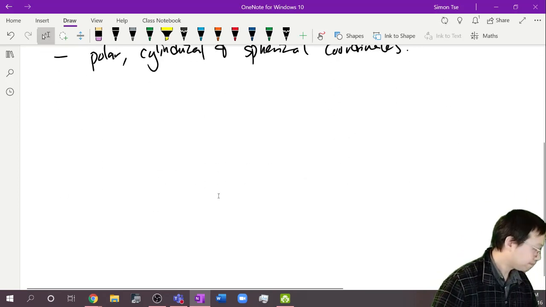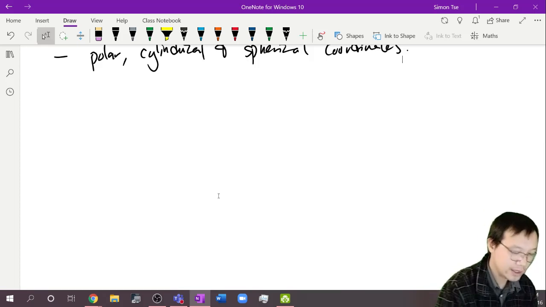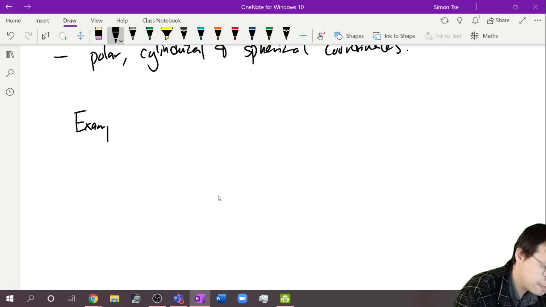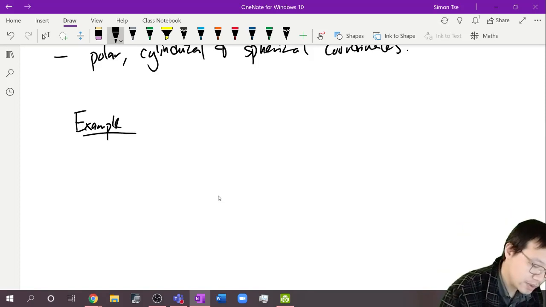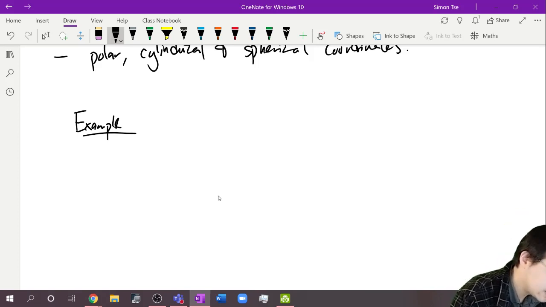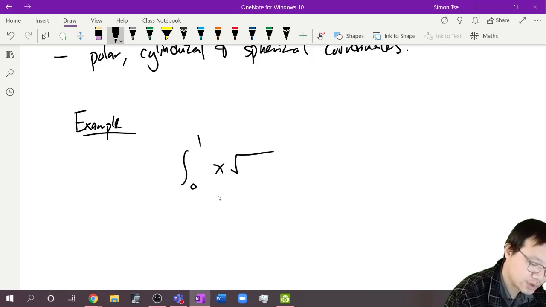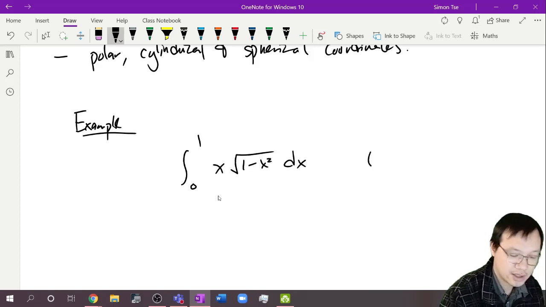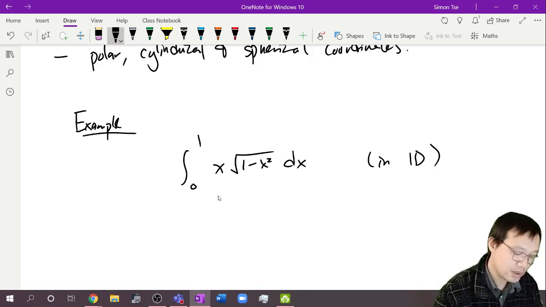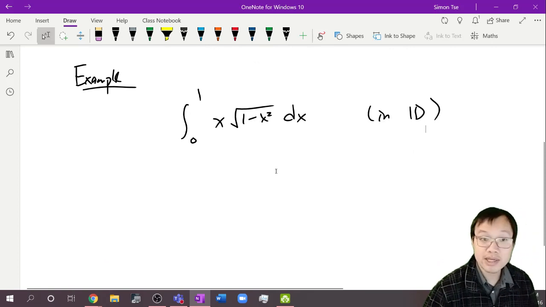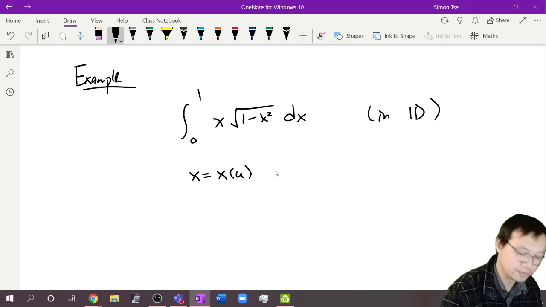So let's begin. The beginning of the change of variable has to deal with an example from 1D, where we would bring this idea to 2D. Suppose you were going to integrate the integral from 0 to 1 of x times the square root of 1 minus x squared dx. This is in 1D. You see the trouble of a square root, and for algebraic reasons you want to substitute x as a function of u.